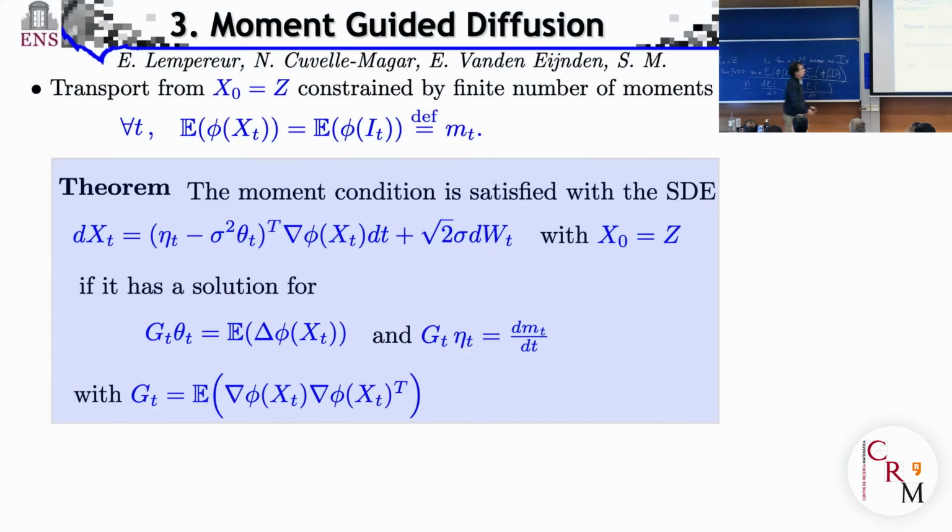And the condition to have the derivative equal at all time will be given by this control term, which depends upon the derivative of the moment. The second thing is that you need to make sure that the moments are preserved, whatever the level of the noise. And the second term over there is compensating for the drift due to the noise.